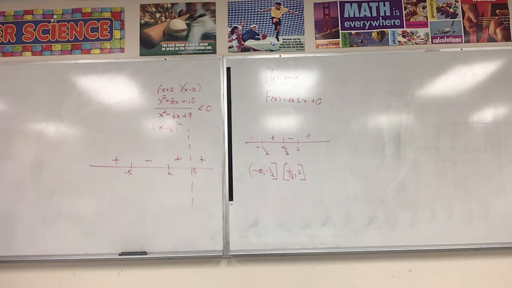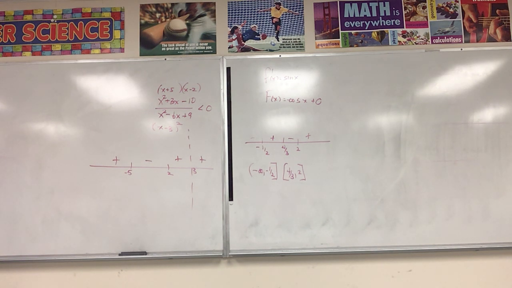Where am I negative? Negative 5 to 2. It just asked for less than 0. I was looking at the wrong instructions, the instructions for 25 to 32. Less than 0 would be negative 5 to 2, correct.